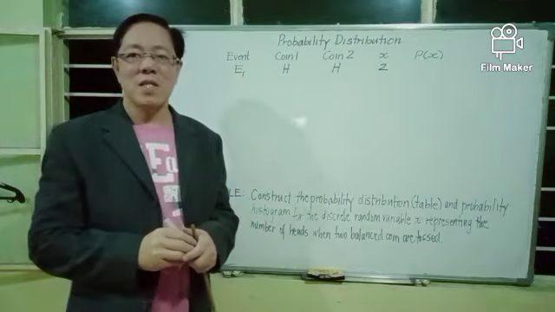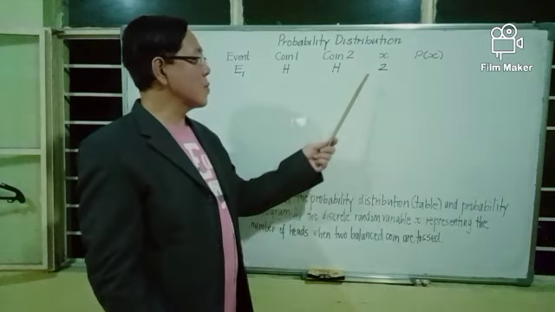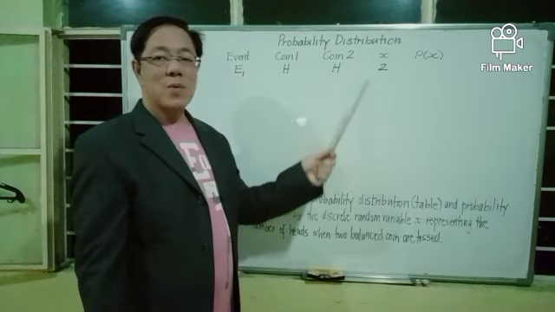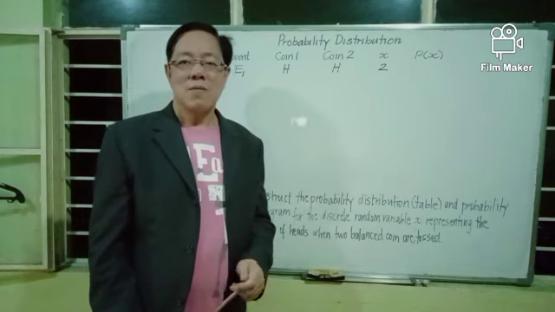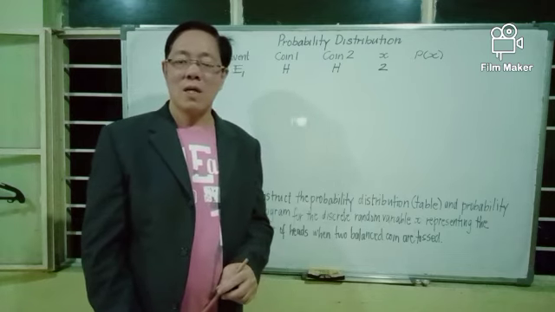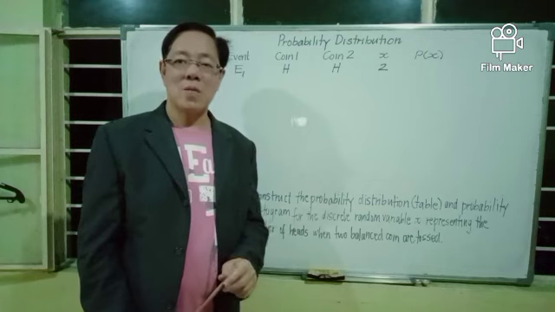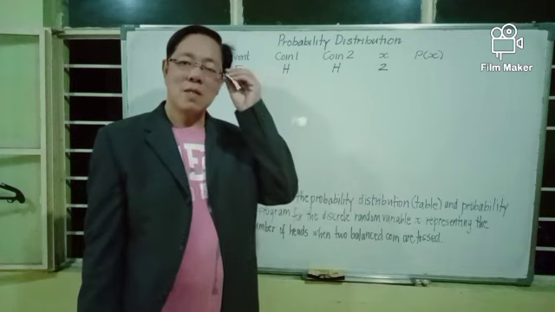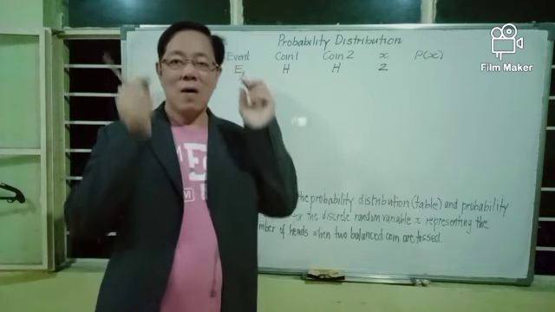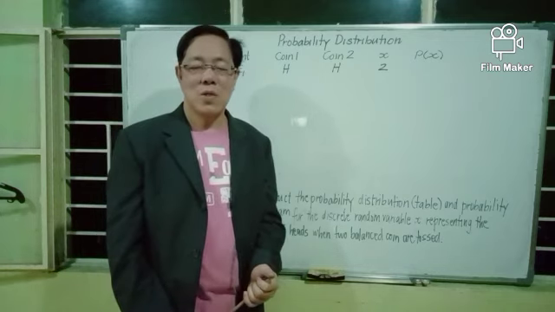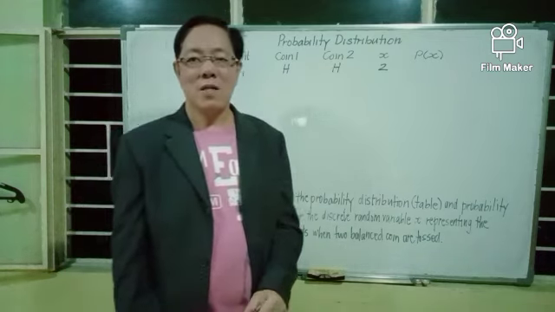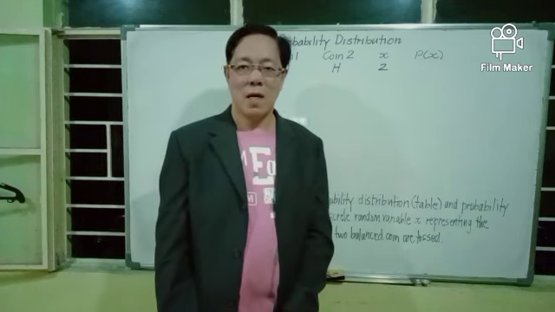Now we calculate the probability of getting 2 heads when we toss 2 balanced coins at the same time. When you toss a coin, there are 2 possible outcomes, and these have the same probability of occurrence. That is, when you toss a balanced coin, you get either heads or tail.